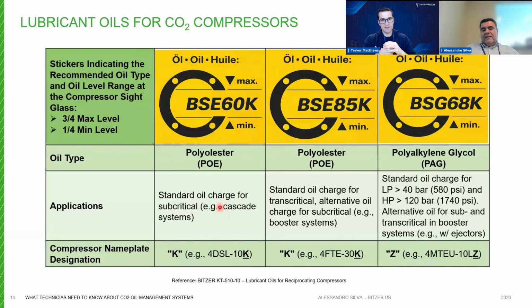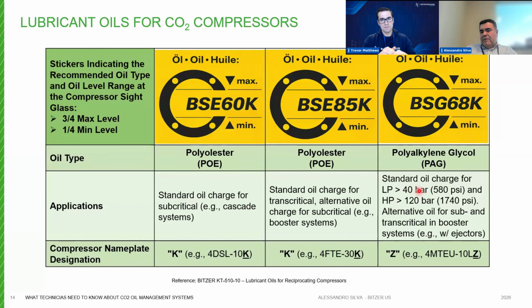The BSE 60K and the BSE 85K are used for transcritical CO2 booster systems when we have low temp and medium temp loads and different stages. And the BSG 68K is more used when we have higher low pressure and high pressure.